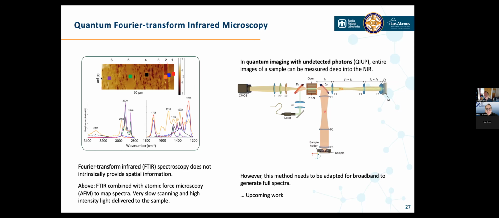So if you're talking about trying to, say, map water content in a very large area, I think there is potential for something like these FTIR mapping, these quantum FTIR methods in a larger setting.